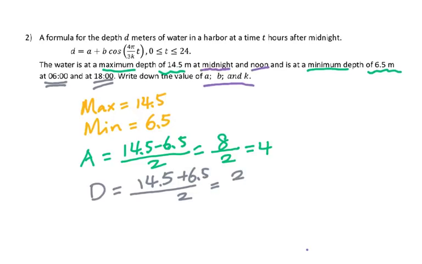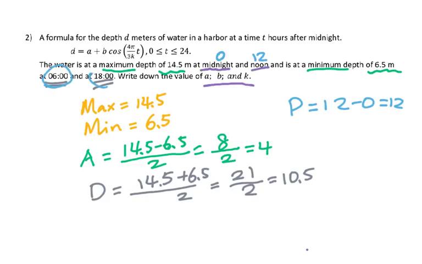That will be 21 over 2 equals 10.5. For the period, midnight, I can count 0. Noon, that will be 12. We can do 12 minus 0 equals 12. Or you can use 18 minus 6, which is still 12.